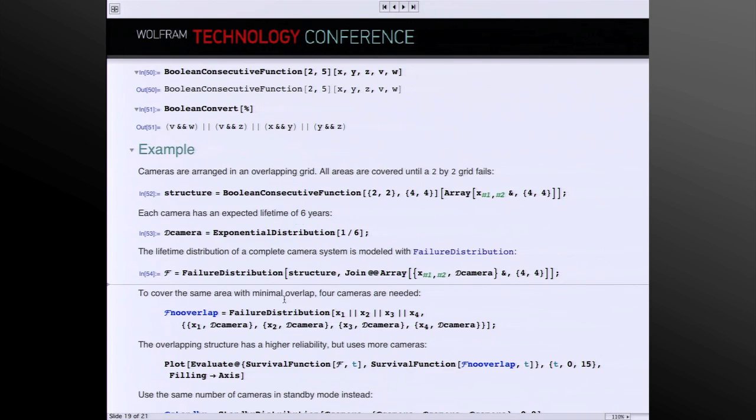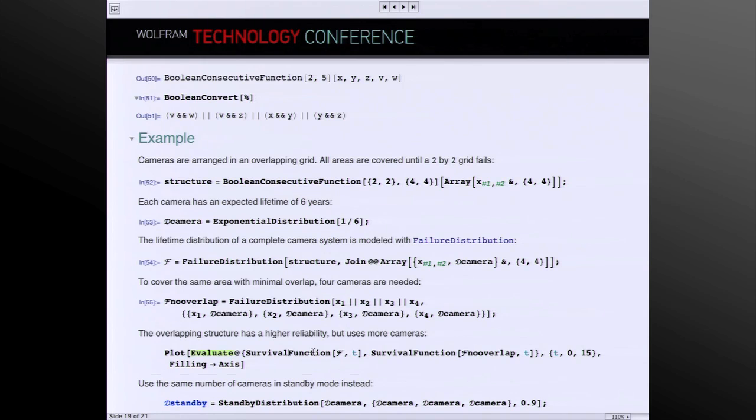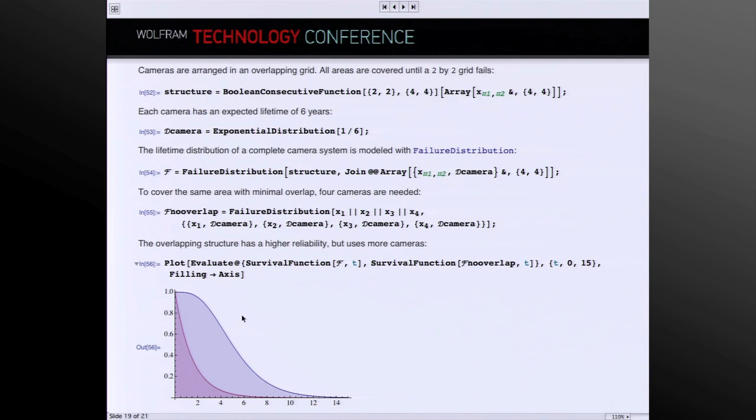Now let's look at reliability for that kind of system, and compare it to a system where you just have 4 cameras and no overlap. So as you can see here, the consecutive system is much better.